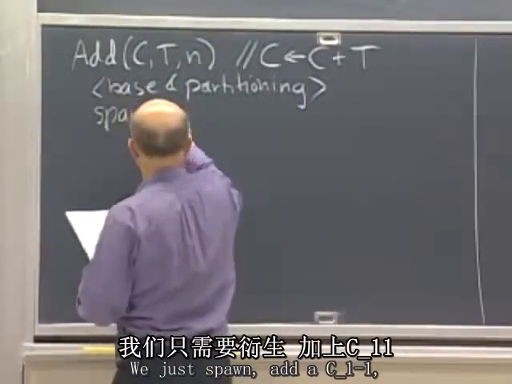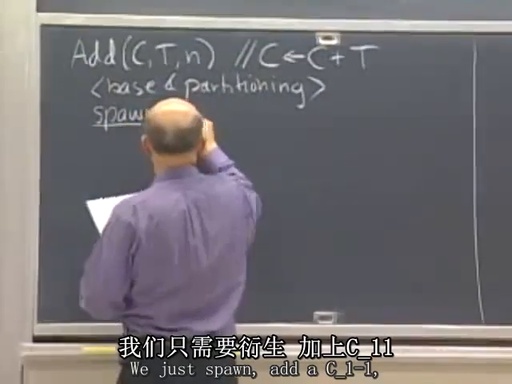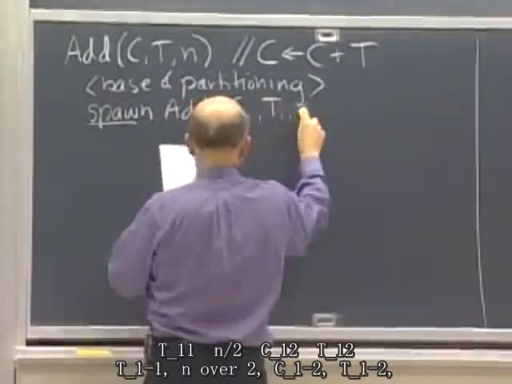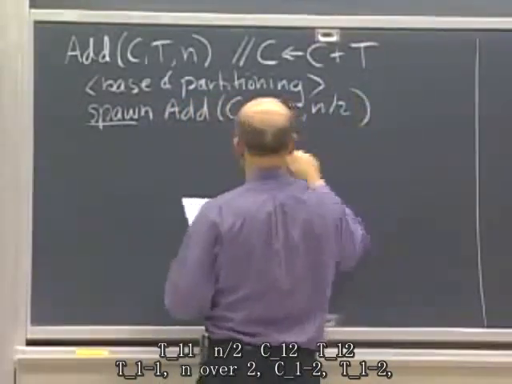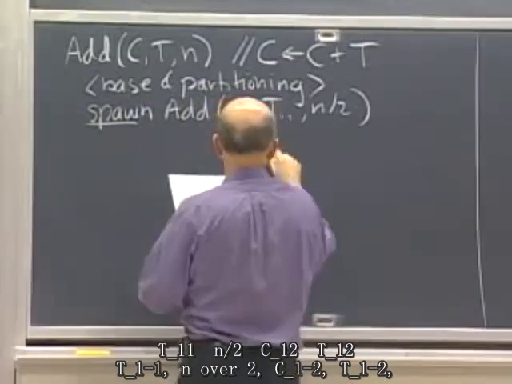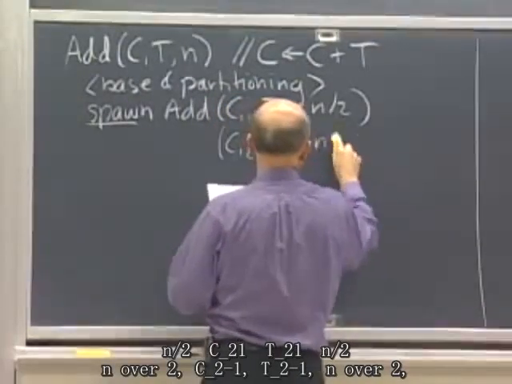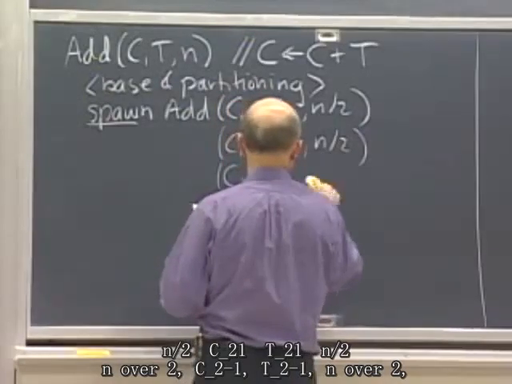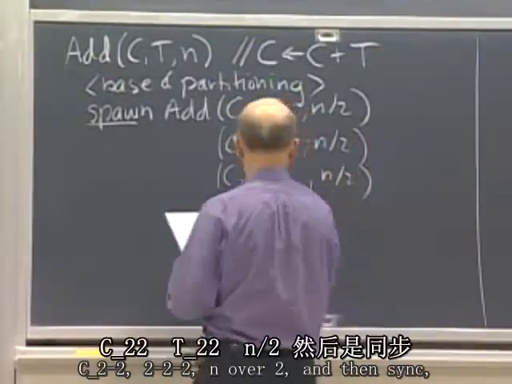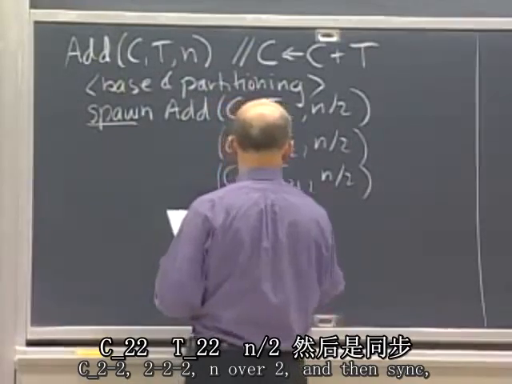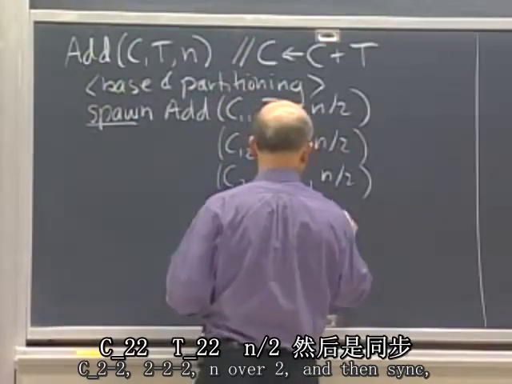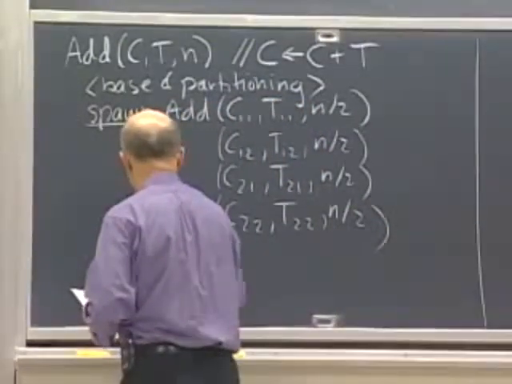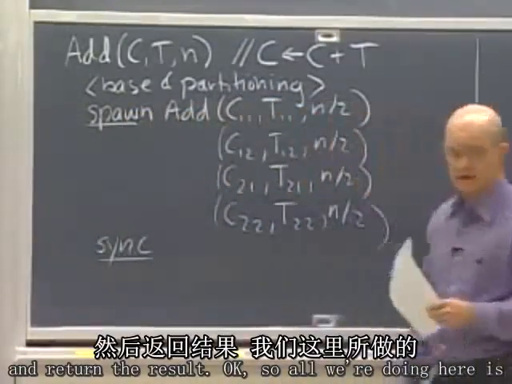We just spawn add of C11, T11, n over 2, C12, T12, n over 2, C21, T21, n over 2, C22, T22, n over 2, and then sync and return the result.